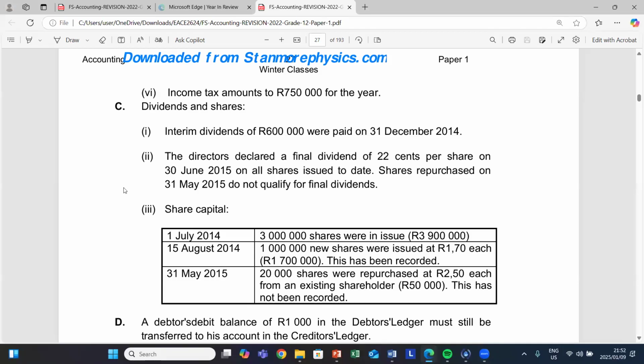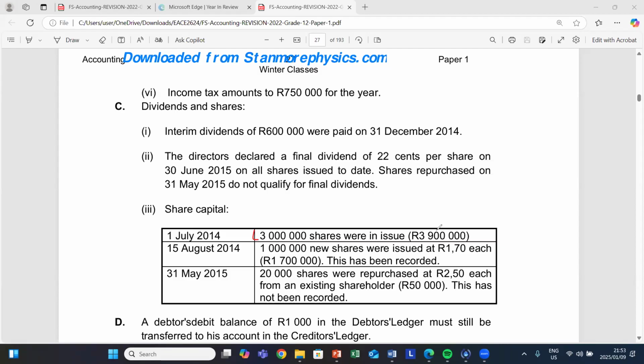Let's look at our adjustments there. There's information that talks about share capital, Roman numeral 3. On the 1st of July 2014, our company had 300,000 shares in issue, which had a value of 3,900,000 rand. So that is the shares at the beginning of the year.